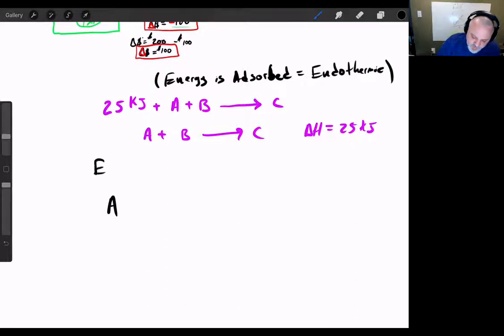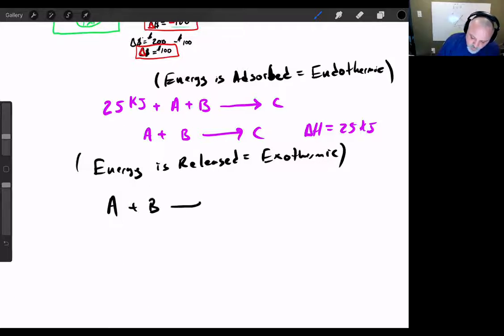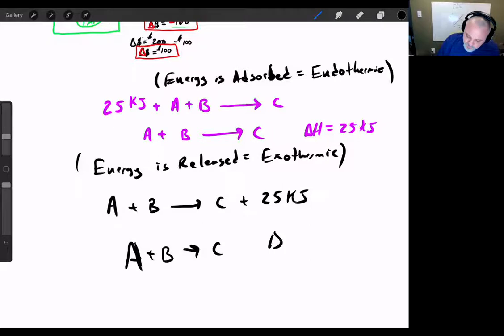In the case where energy is released, the word released tells us that we're losing energy from the system. We're telling the reader that the energy is a reactant. So the other way to write the thermochemical equation would be to include it here as a change, but in this case, the change is negative.